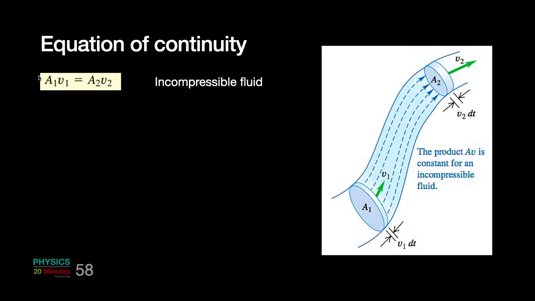The other examples are the showers used in the bathroom. So if you have a shower, you will feel intuitively that the flow of water is much faster from the shower holes than from the tap.